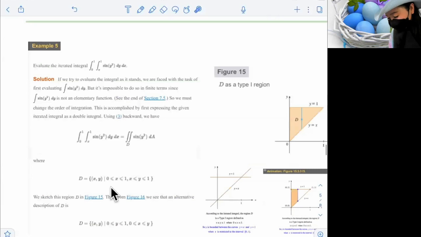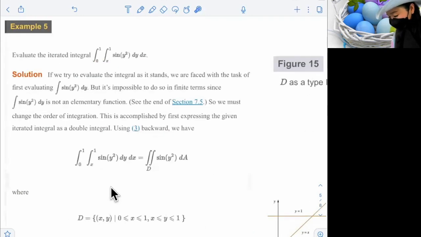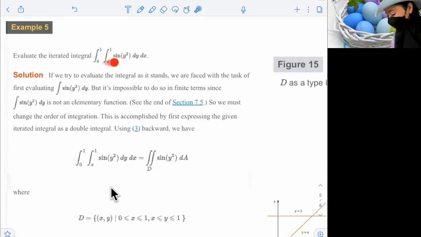Okay, so example 5. We try to evaluate the iterated integral. For double integrals or triple integrals, those are called iterated integrals. So you integrate again and again. So this iterated integral over here, how do you evaluate this? Well, if you evaluate this integral over here, sine of y squared, think about this.